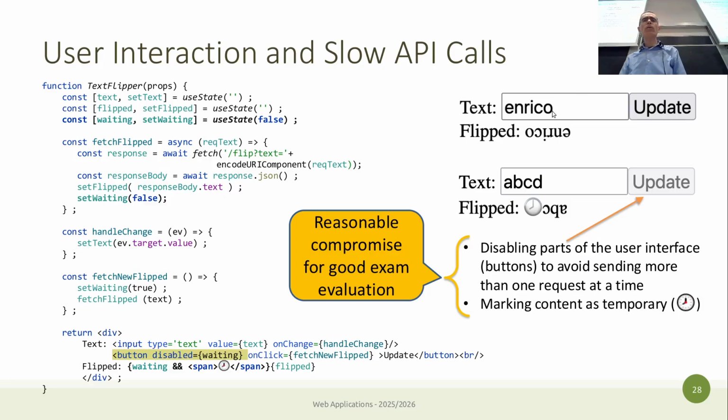Instead of sending the request immediately each time you change a field in the form, you can add a button, update, send, whatever, and disable the button until you get a response. Of course, the user interface is a little bit different. You should check if it is allowed or not by the specifications that you have about the application you need to develop.